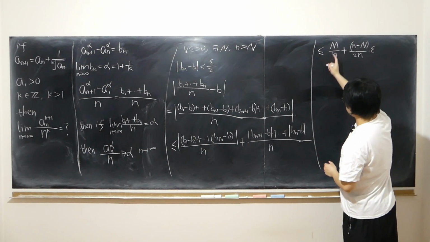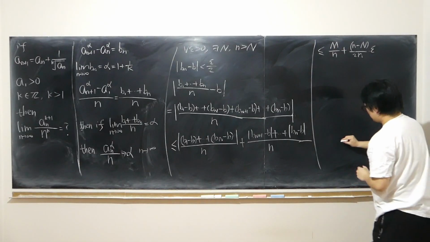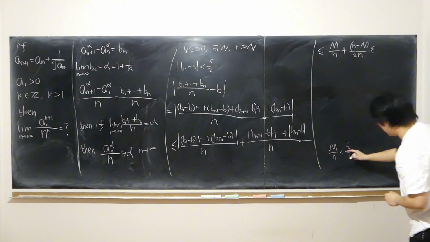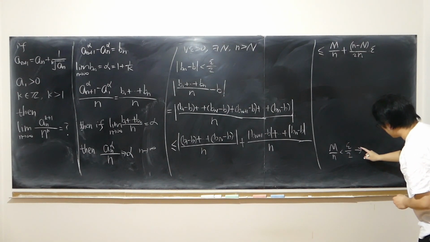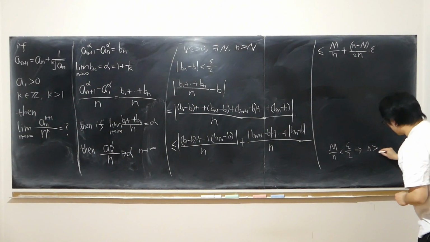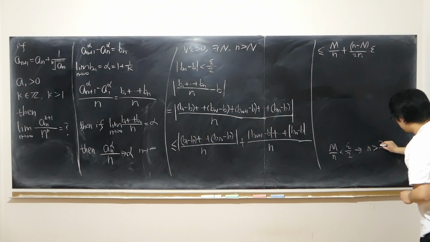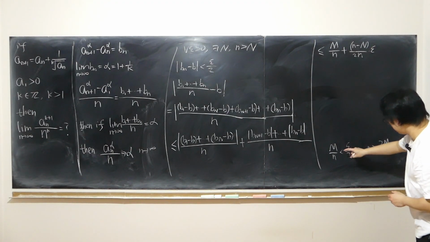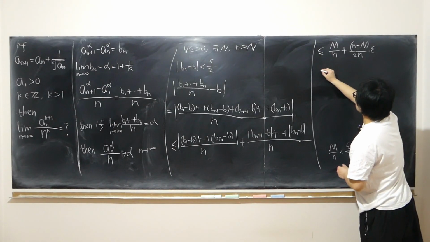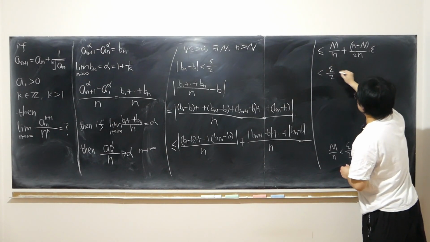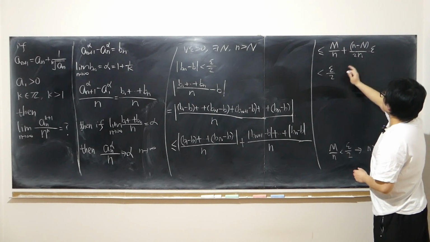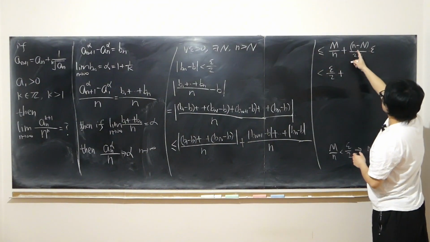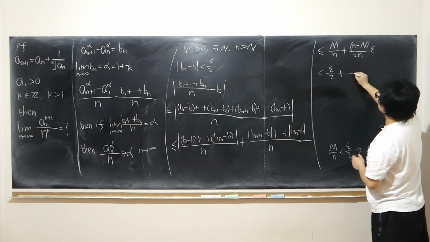Of course, if we let this be less than half epsilon, then we would require n to be greater than 2M over epsilon. So this can be less than half epsilon. And this, if we don't subtract this capital N, it becomes larger. You have n over 2n times epsilon, half epsilon.